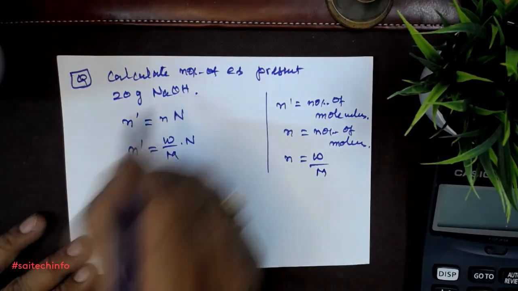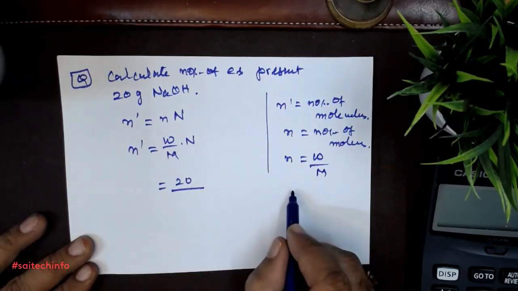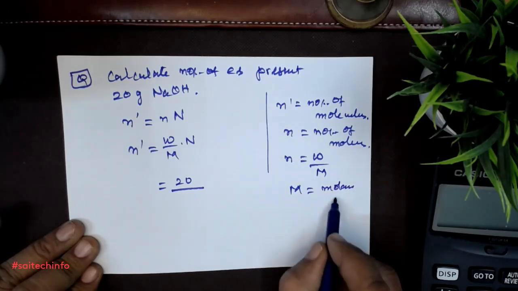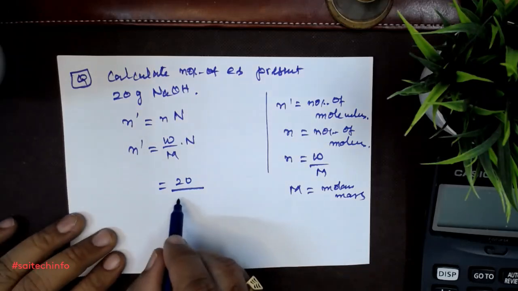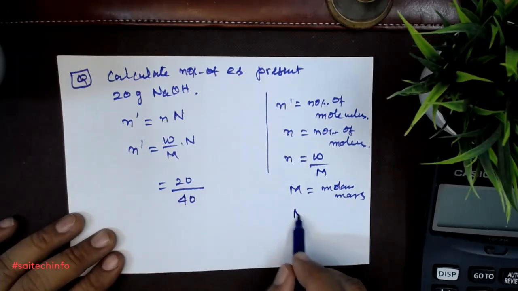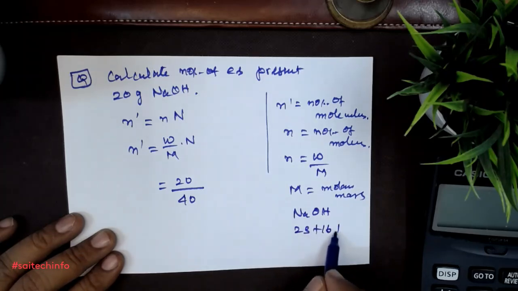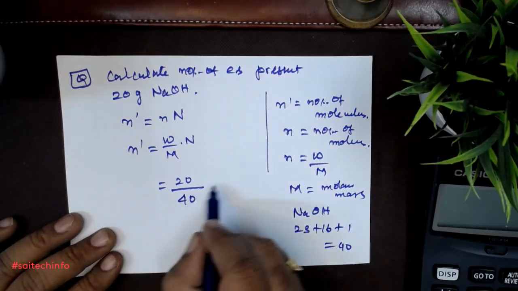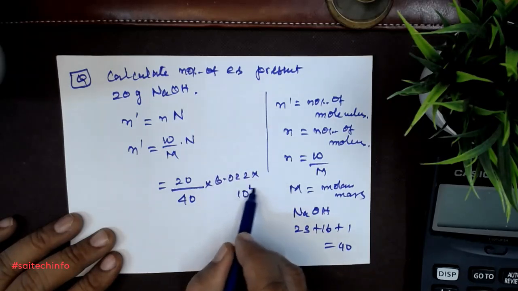What is the weight of sodium hydroxide? 20 gram. What is the molar mass of sodium hydroxide? NaOH means sodium 23, oxygen 16, hydrogen 1, so 40, correct? So 20 by 40 into Avogadro's number 6.022 into 10 power 23.